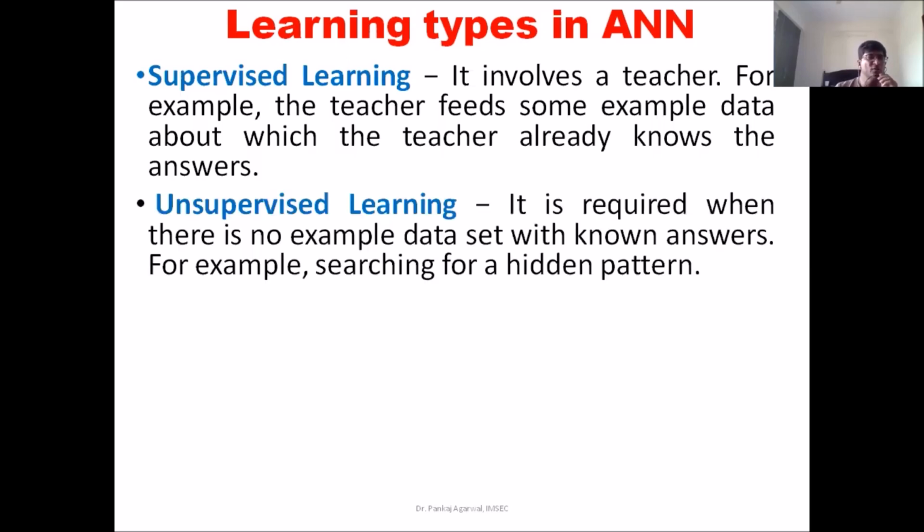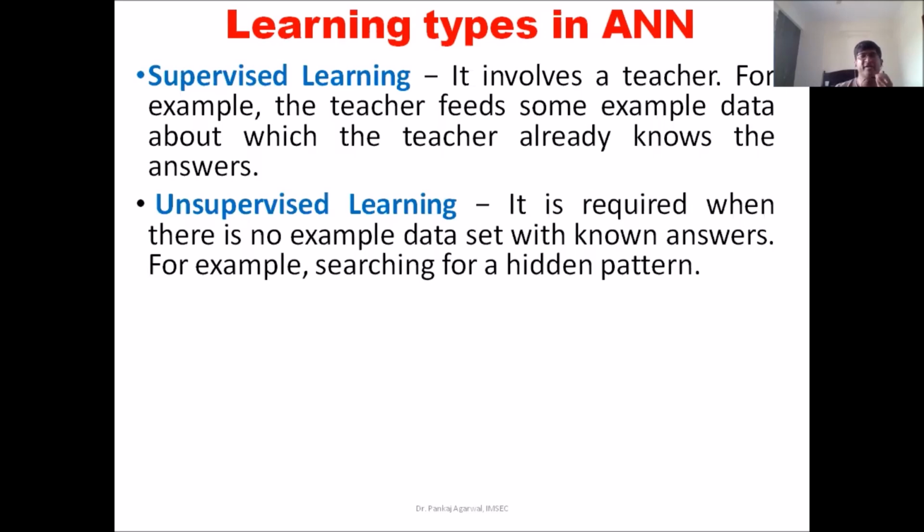Another form of learning is unsupervised learning. Here we don't have the output. There are a number of times that we have the data, but we don't know what to do with the data. It is absolutely unknown. So these are hidden patterns. Suppose we are searching for some kind of hidden patterns. This kind of problem can be taken into the class called unsupervised learning.